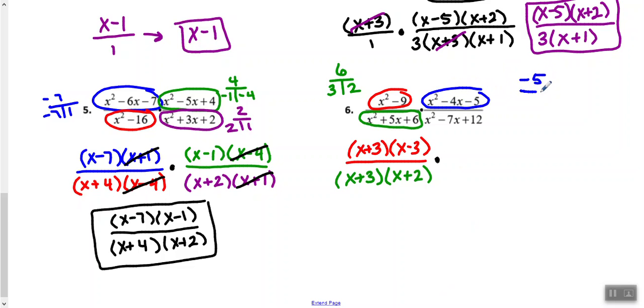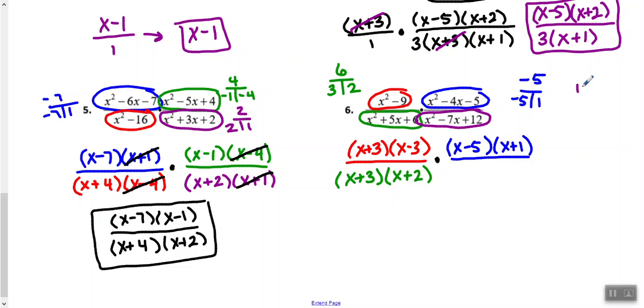So what multiplies to negative 5 and adds to a negative 4, negative 5, and positive 1. So that becomes x minus 5 and x plus 1 over, and then the bottom.